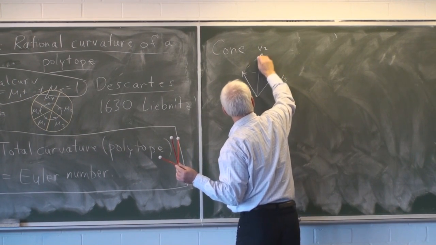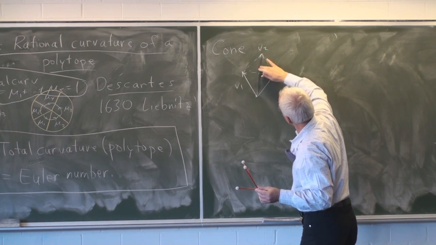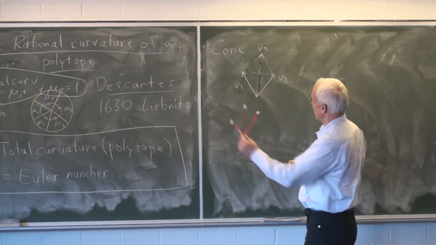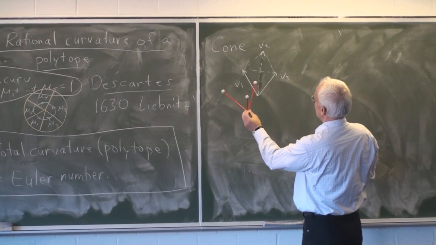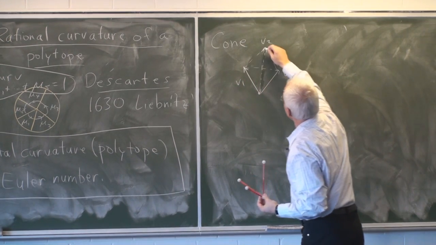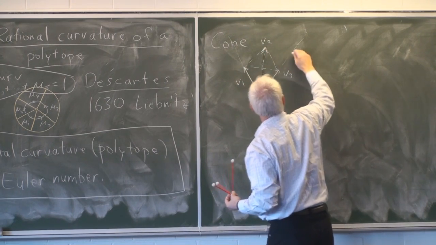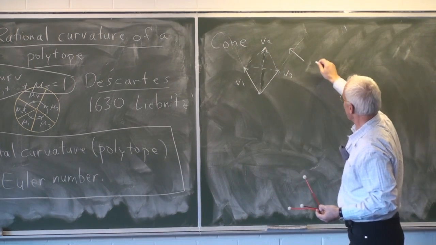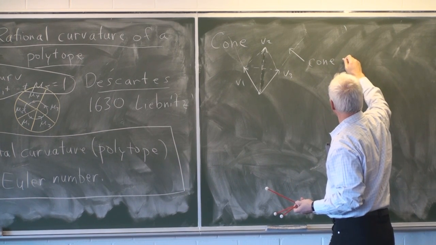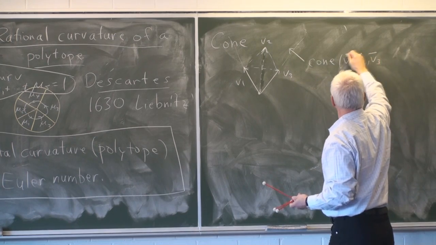And maybe I'll try to illustrate the 3-dimensional aspect by putting this one a little bit behind. It's supposed to be something like, I suppose, maybe like that. And we have these 3 vectors. And the thing that they generate is the cone. It's the cone generated by or spanned by v1, v2, v3.